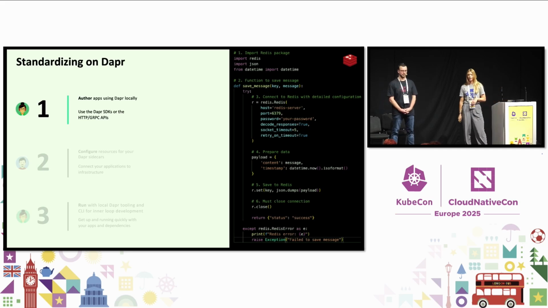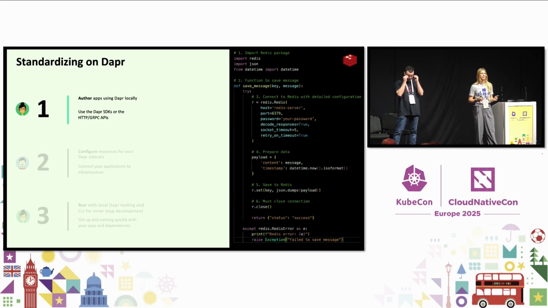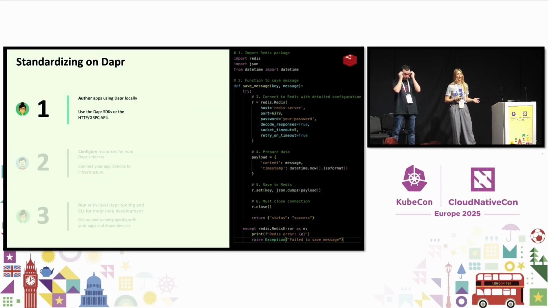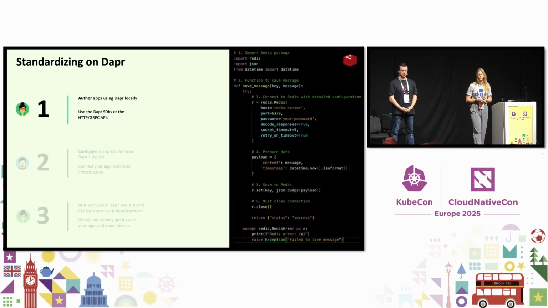I'm authoring my applications locally, as most developers do. Here we can see on the slide a large image of basically a basic Redis implementation, right? I'm using the Redis client. I'm making a call, storing a key value pair, and then ultimately I'm going to read that. So we can see here I'm taking a dependency on Redis.